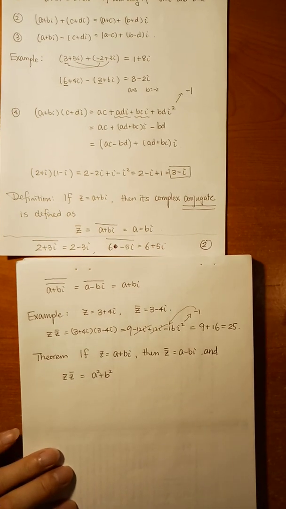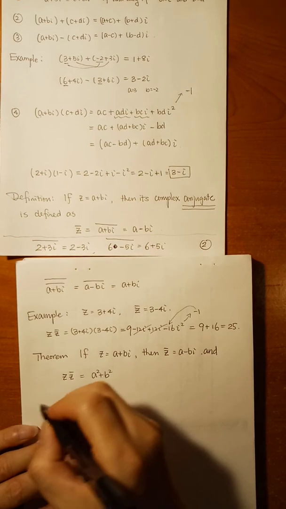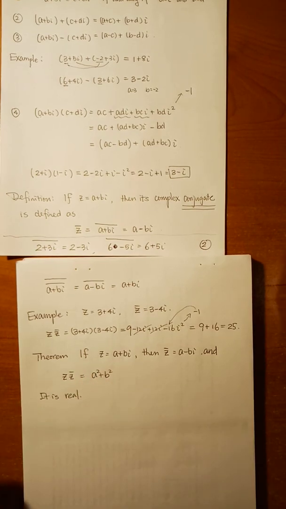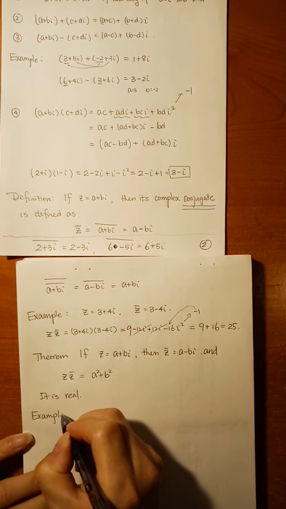So z times z bar is a squared plus b squared, which is real. It's very cool. Okay, so when it is real, let's see what we can do with this observation.